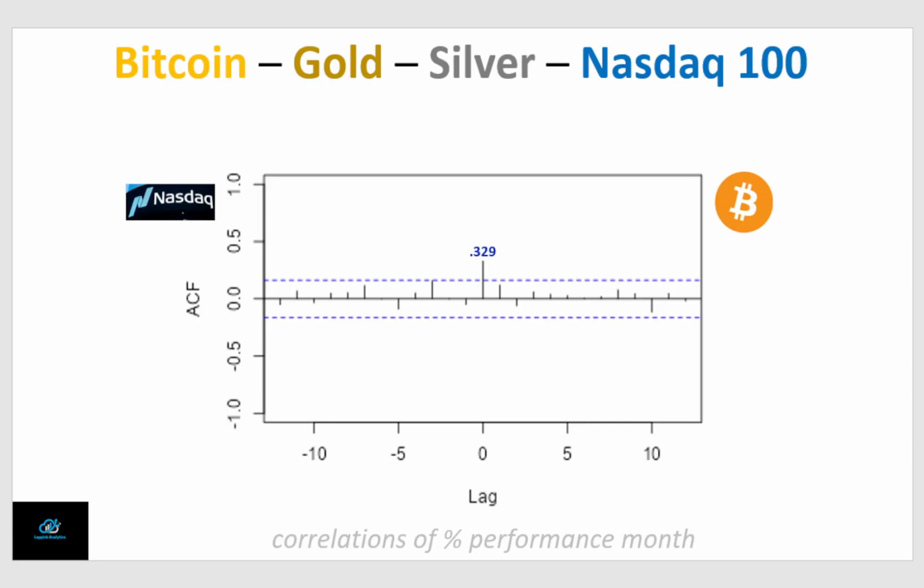Anyway, these are the results of the study that I did on these correlations of monthly performance of these 4 subjects, just to give another example of what you can do with your own research of the financial markets. Of course, I took these 4 subjects: Bitcoin, gold, silver, and the Nasdaq 100. By the way, all expressed in US dollars. If you express them in other currencies, you will probably find slightly different outcomes.